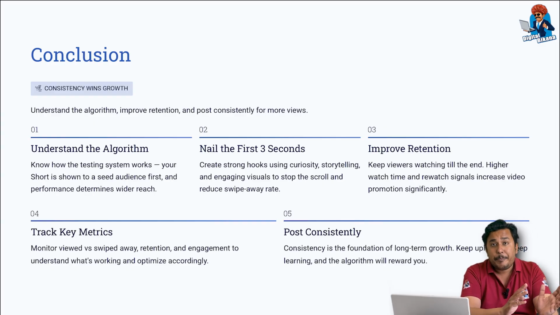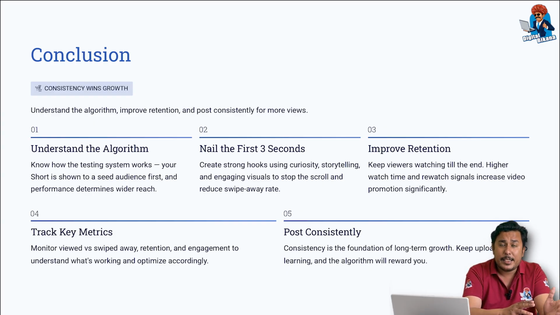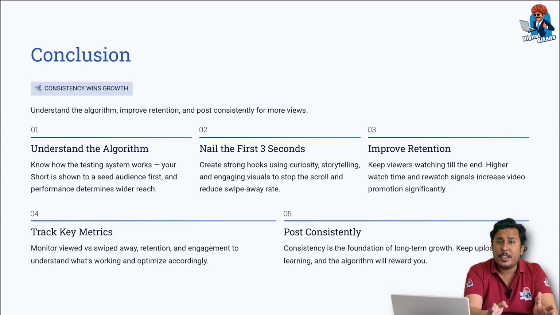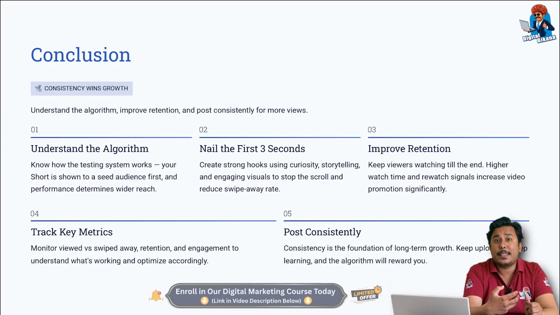Create content so that from the beginning of the 3 seconds to the completion of the video, it is energetic. The whole video should be such that users get retained, so that watch time increases and that short gives a good signal to the YouTube algorithm to be pushed to a wider group of audience.